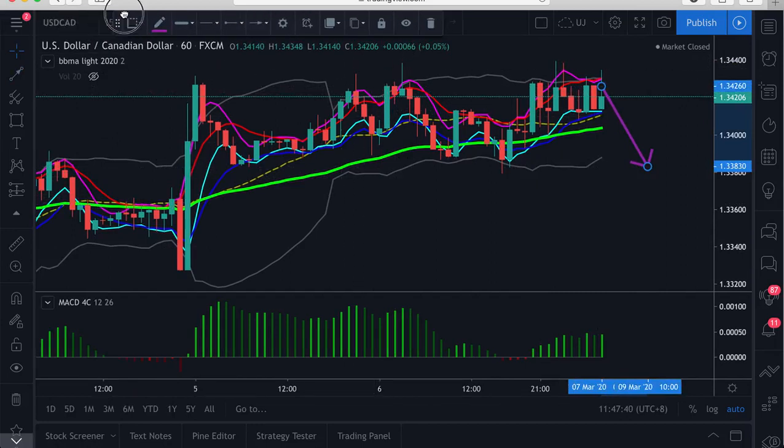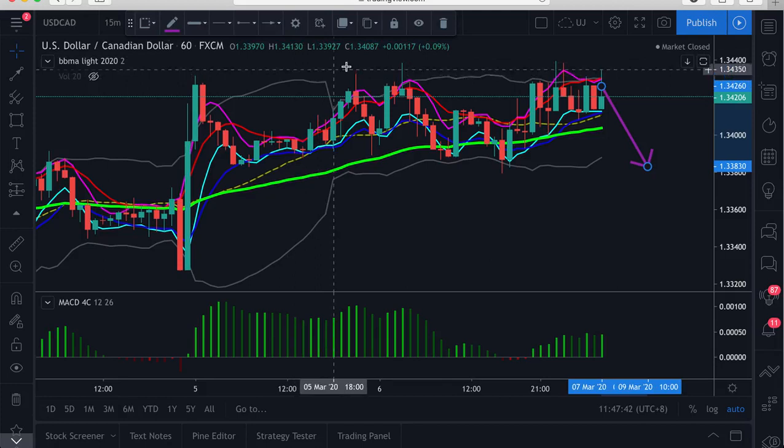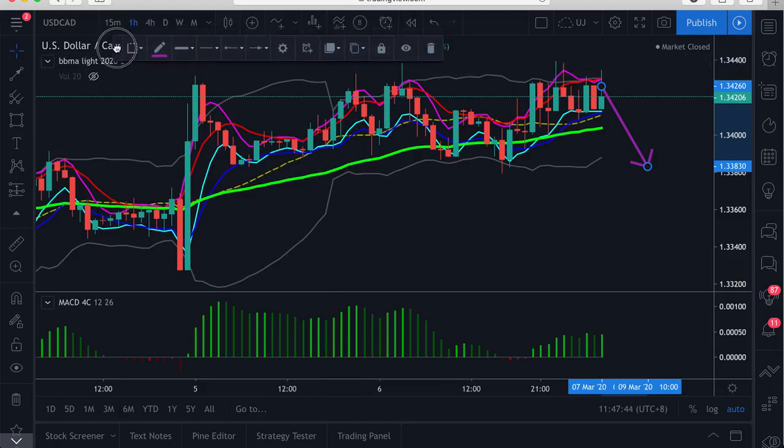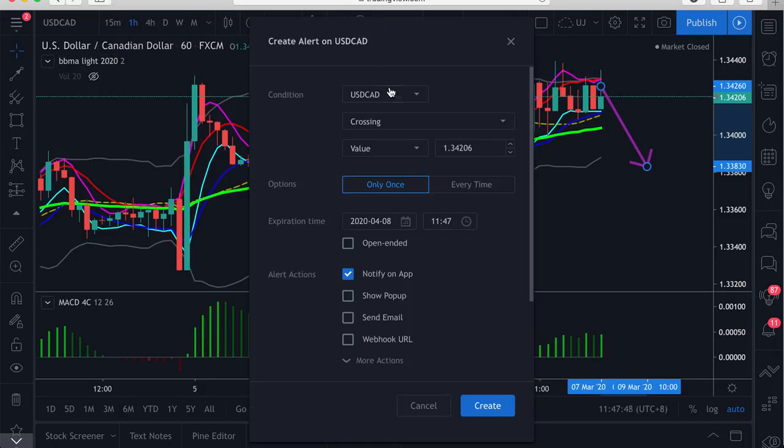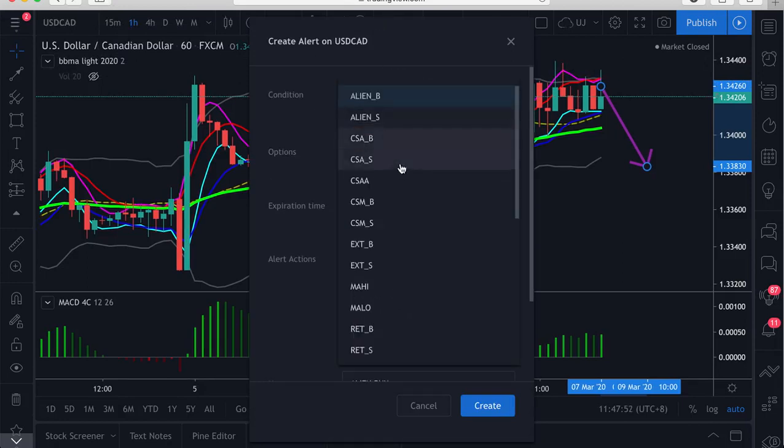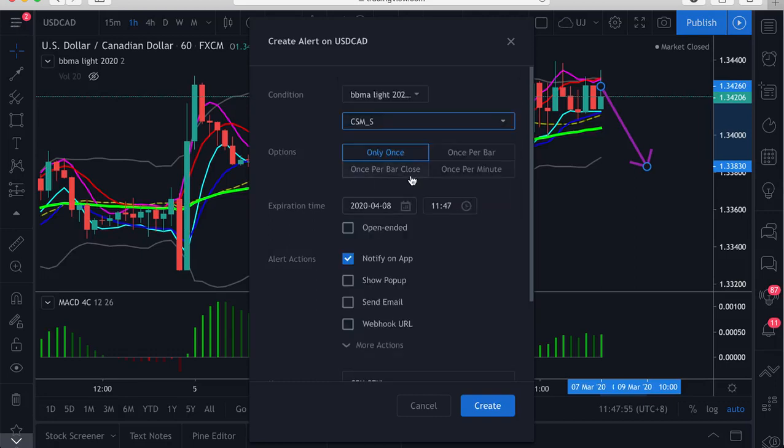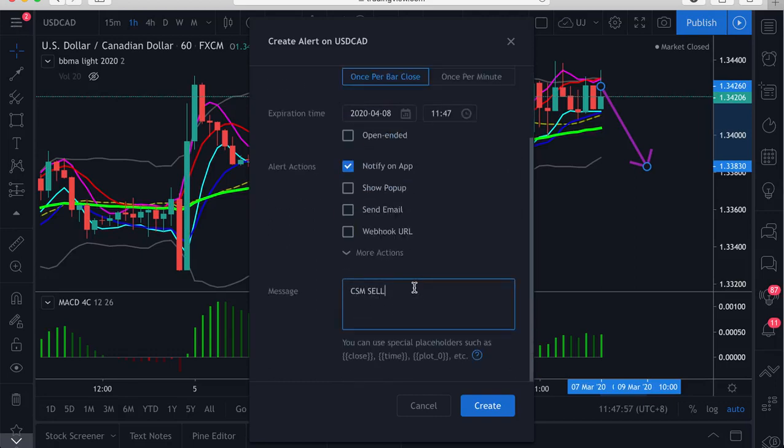Okay, so for this pair USD CAD, we're going to set an alert for CSM sell on H1.